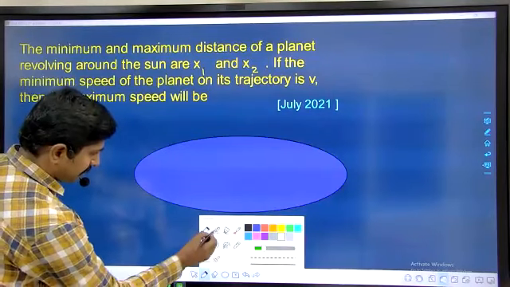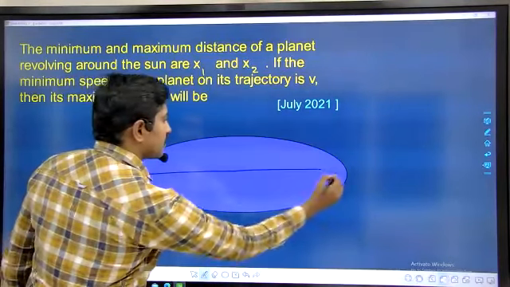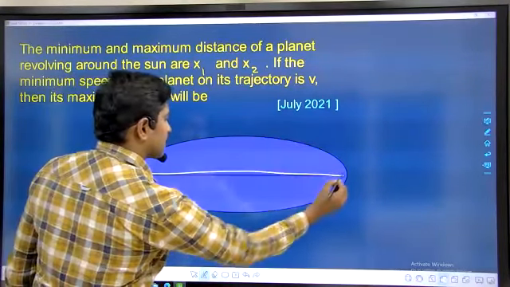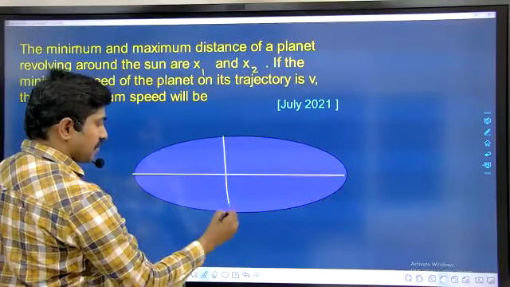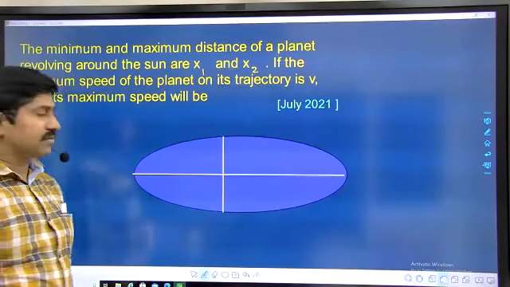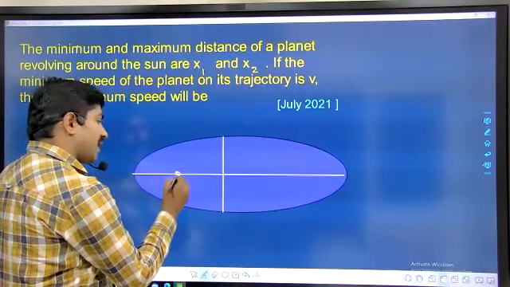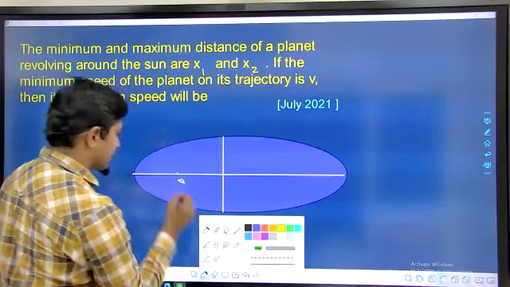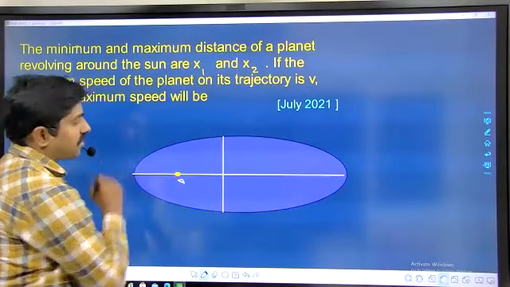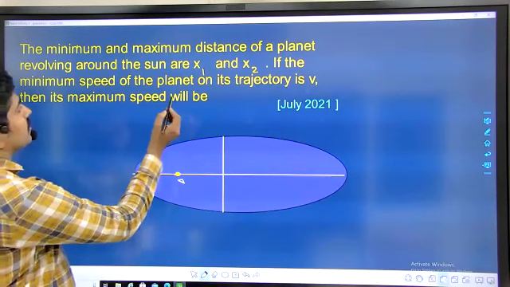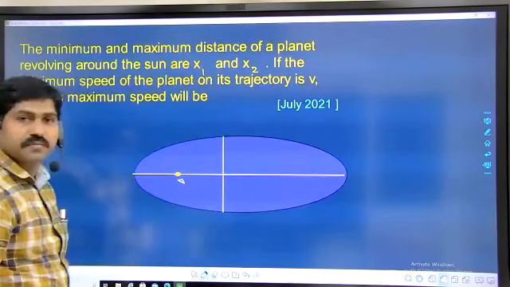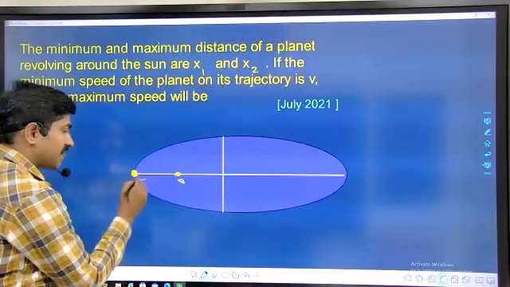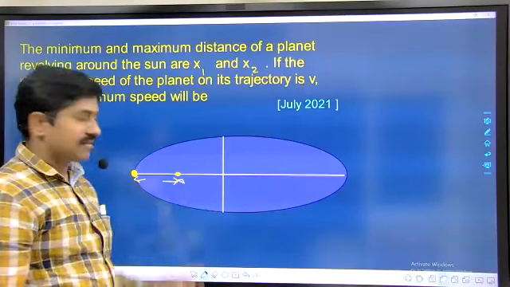We all know this is the major axis and minor axis for the revolution of planets around the sun. If the sun is at one of its foci, then while the planet is revolving around the sun, at this point it will have the minimum distance from the sun.